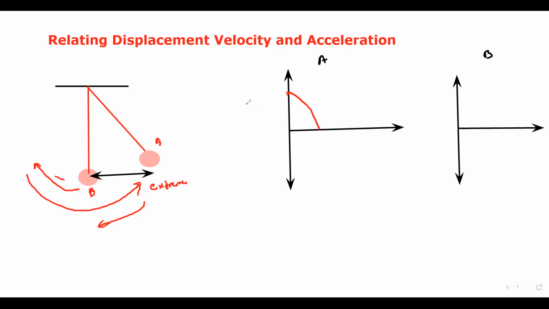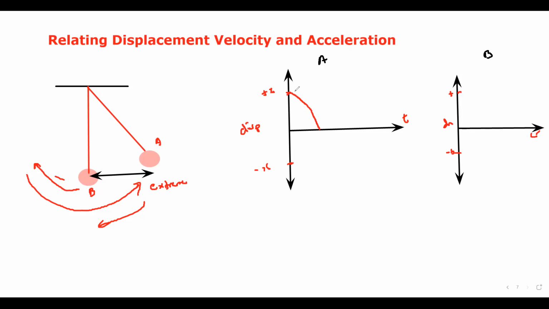Like we want to sketch a displacement-time graph. This is positive displacement, this is negative displacement, and here is time. When we start observing the motion from point A, its displacement is maximum.